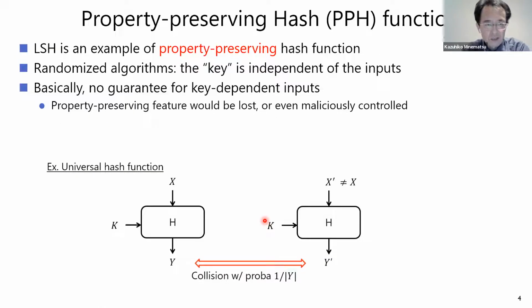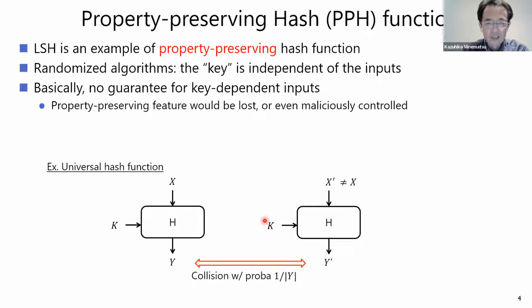Such a hash function can be seen as an example of what we call a property preserving hash function, or PPH function. And the non-robust PPH functions are generally randomized.